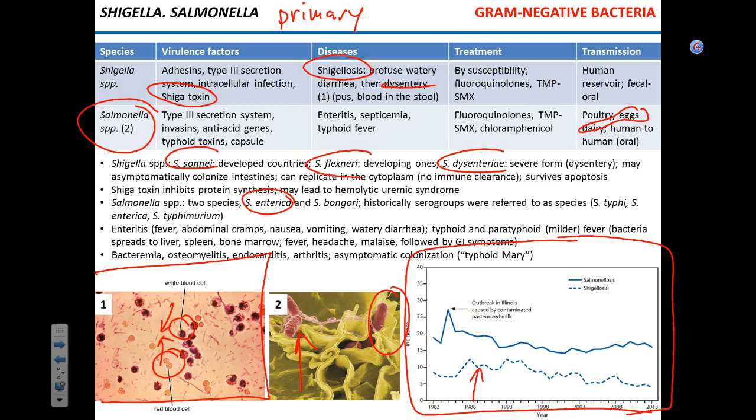There are two main forms of Salmonella infection: a fever, typhoid, paratyphoid, and enteritis. Enteritis is considered to be a mild form. I'm a person who had salmonellosis once in my life. When I was 9, I can tell you if that's mild, I don't want to think about typhoid fever.